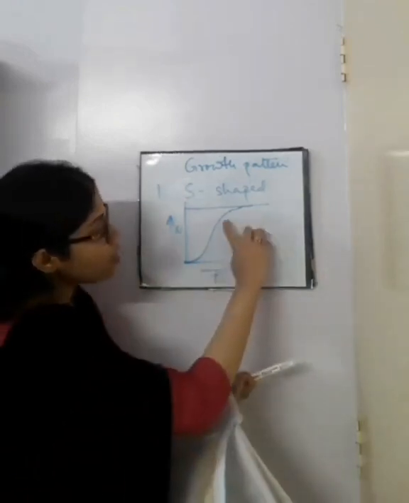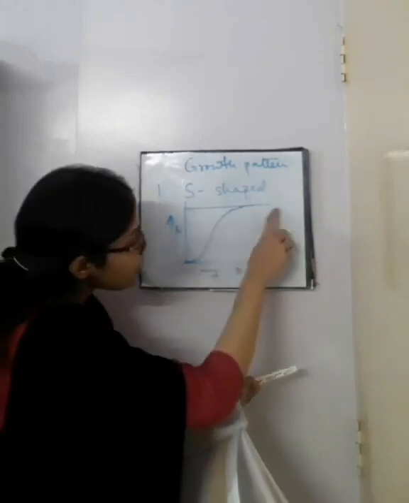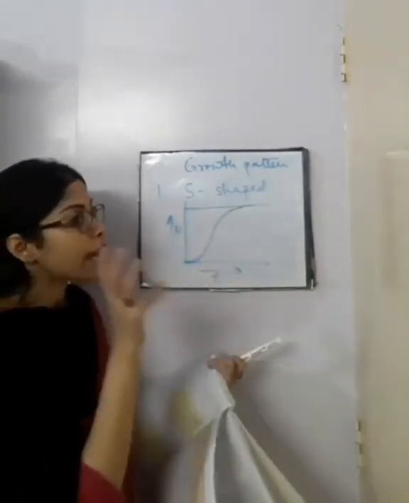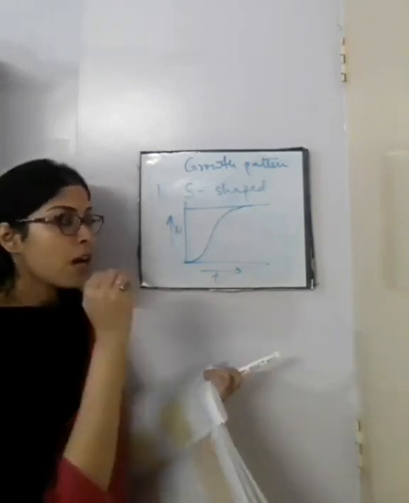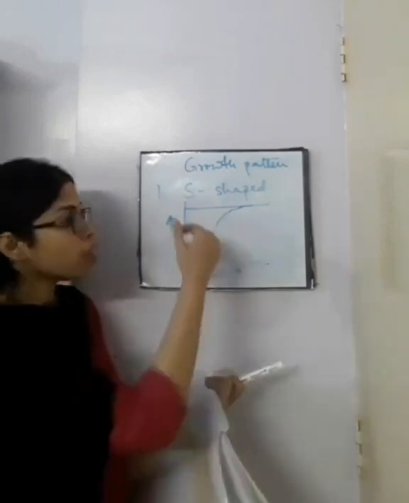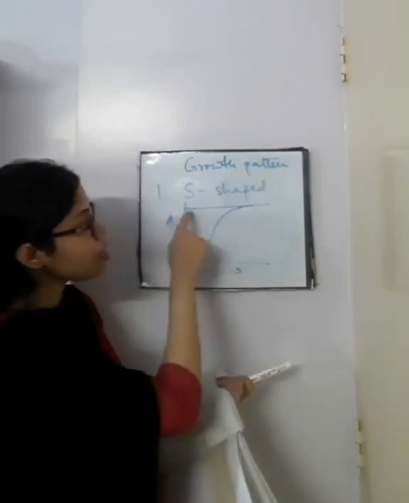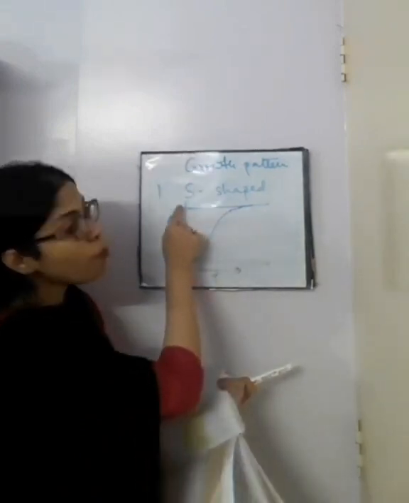In the last phase, the population is reaching this line. What does this line denote? This line denotes the carrying capacity. The carrying capacity of a particular population is the limit beyond which it cannot go. So in this population, this is the carrying capacity, and the population cannot go beyond this.